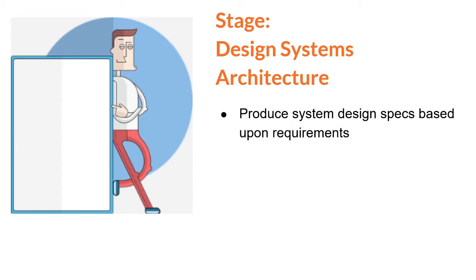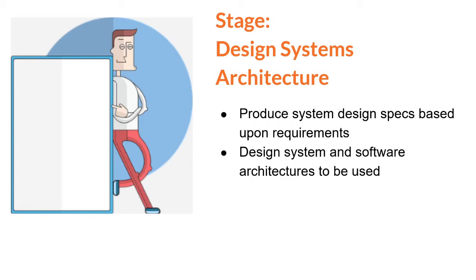Next, we design our systems. We write design specifications, get them reviewed, signed off. Then we get our programmers to start developing the software and putting together different components of the system and start doing unit testing of those systems.